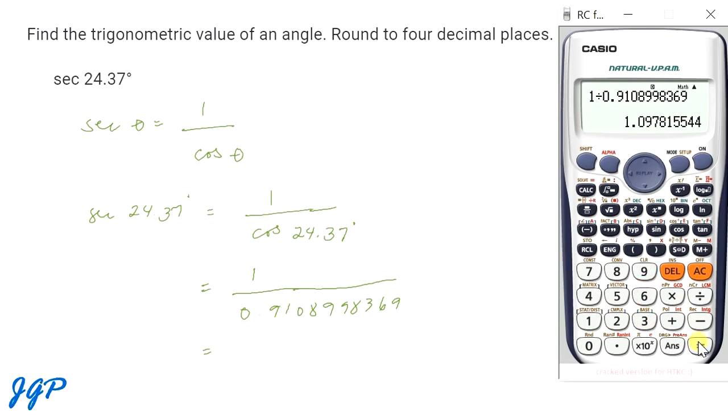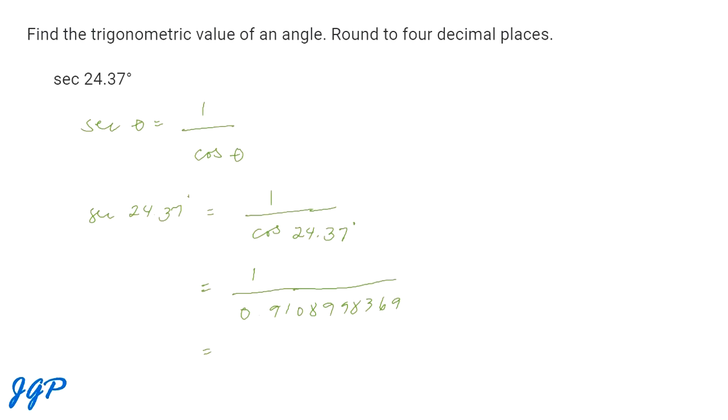And that is equal to 1.097815544. So, sulat natin. So you have now 1.097815544. So again, you need to round your answer to 4 decimal places.